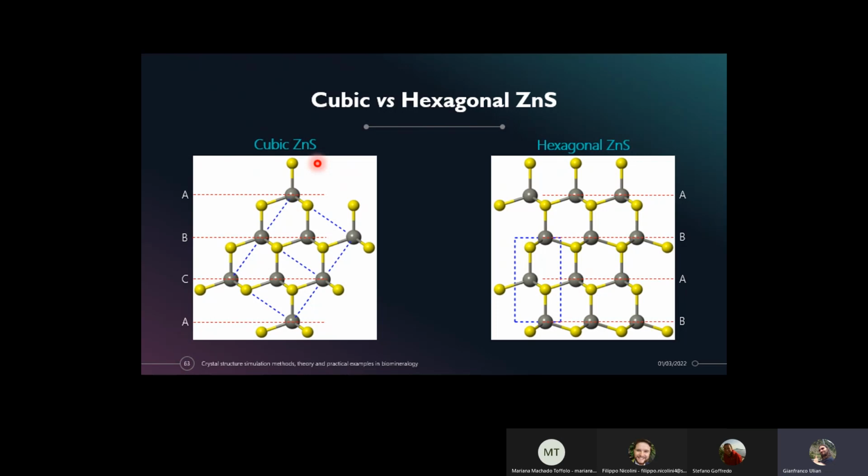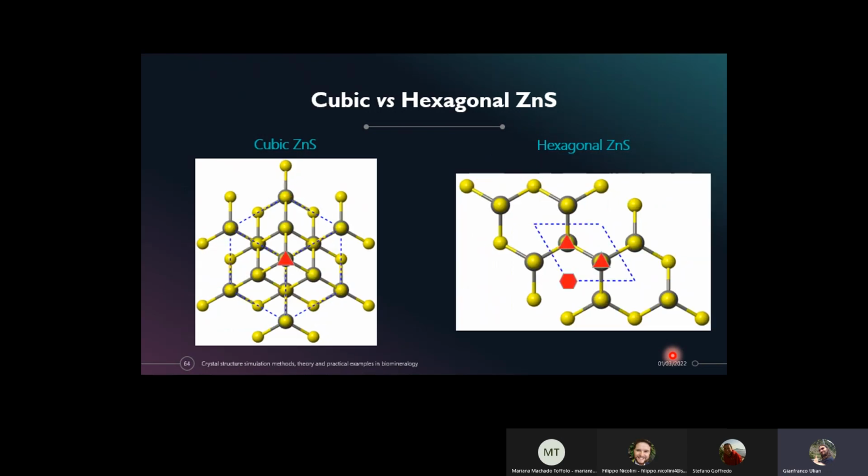In cubic zinc sulfide, we have A, B, C stacking. In hexagonal zinc sulfide wurtzite, we have A, B, A, B. And this translates into different lattices and different crystal symmetry elements. For example, in cubic zinc sulfide, obviously it's cubic, the four-fold rotation axis, so rotation of 90 degrees.